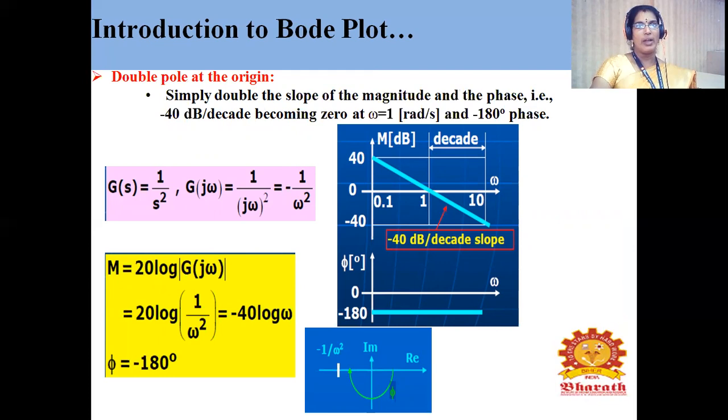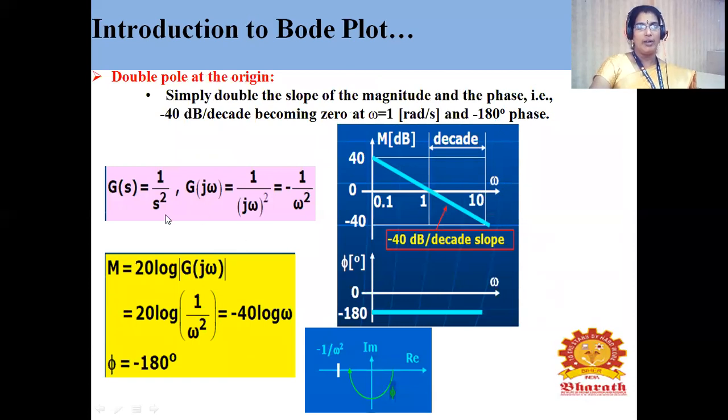For example, if you are having 1 by s square, s square means j omega square. So 2 poles, right? That is nothing but a double pole. If it is a double pole in the denominator, an integral factor, then minus 20 will become minus 40, and the angle of minus 90 will become minus 180.